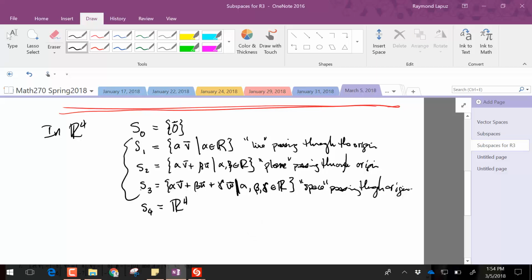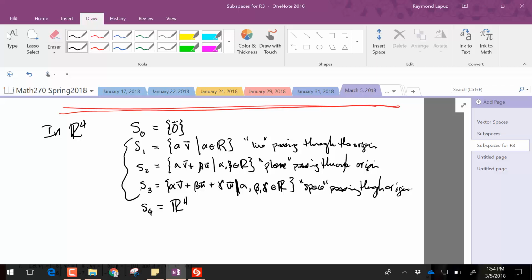So you have the degenerate case again. You have the whole space, and in between, you have proper subspaces that are spanned by one vector, two vectors, or three vectors. We're not saying this explicitly, but those vectors need to be linearly independent from each other.